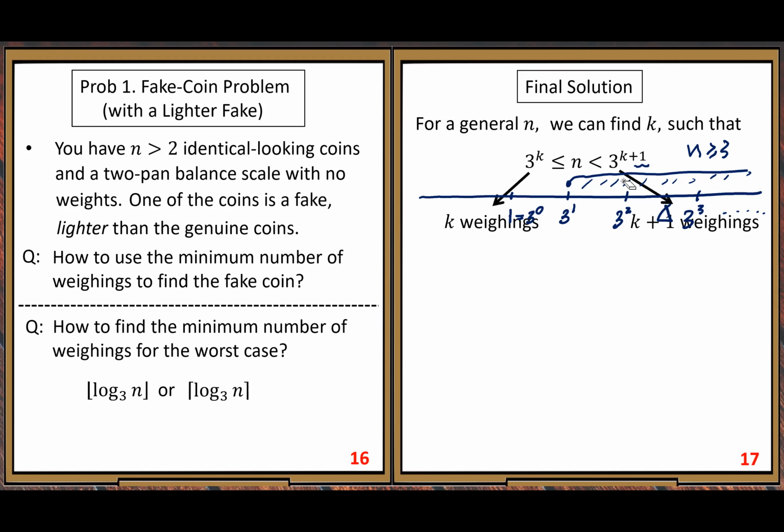The best is k, the worst is k plus 1. But that number must be an integer, it cannot be a fractional number. So the answer must be the ceiling of log base 3 of n, moving up, not moving down. That's the final formula.